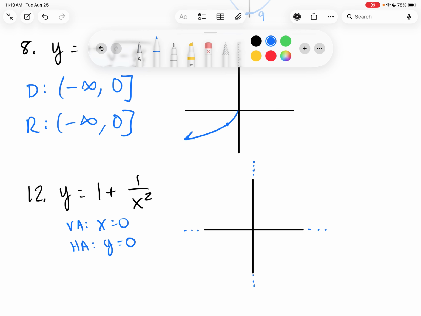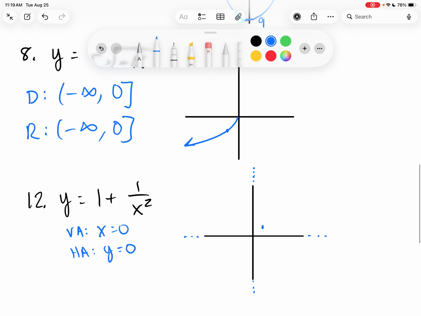So I am basically going to just essentially throw some points in here. I'm going to go with like 1. So when x is 1, y is 2. So I'm just going to get a rough idea. When x is 2, y is 1 1/4.